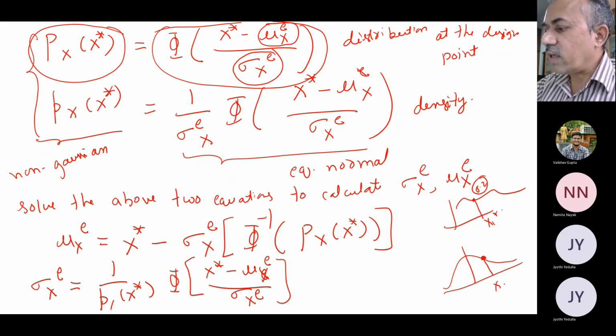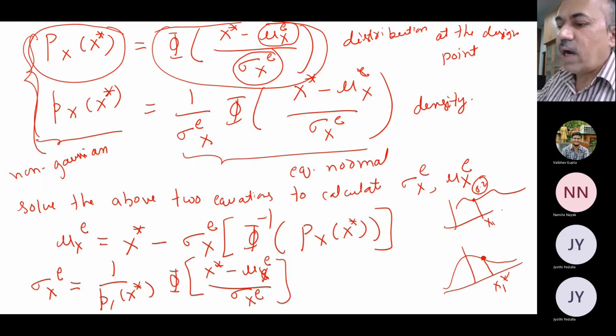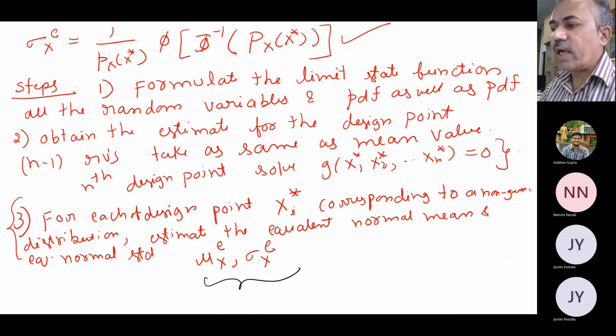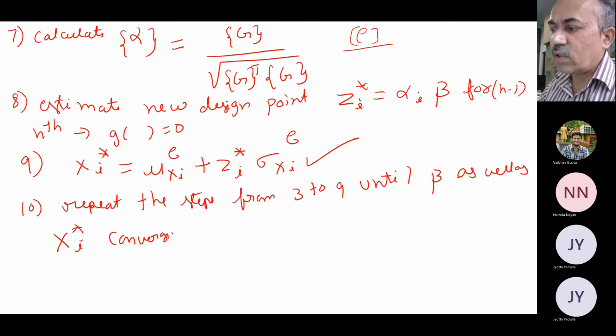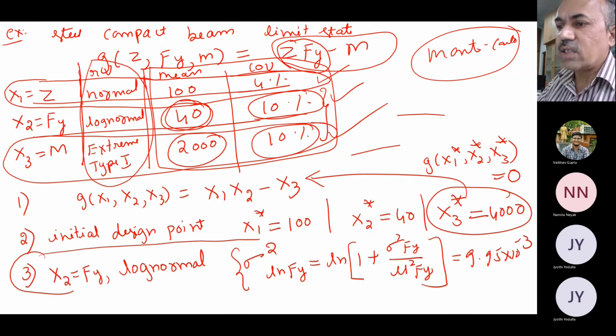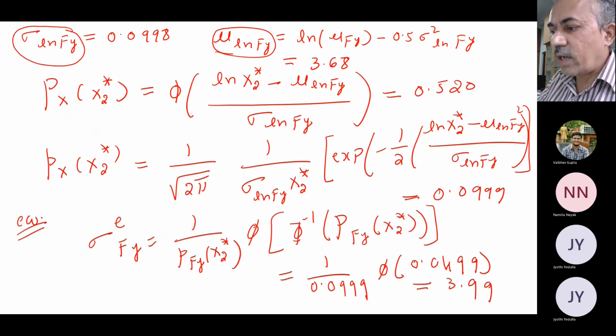So my two probabilities are the same. That is how these two equations come, and you can solve them. Once you have this, the same Hasofer-Lind procedure can be used here also. That is how we calculated these things, and of course we have solved some problems and others also.